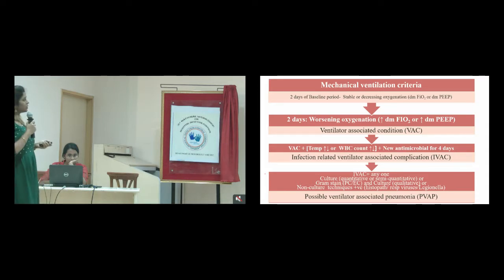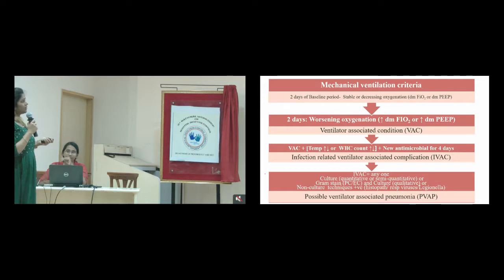Say suppose ventilator associated condition, infection related ventilator associated complication and PVAP are all fulfilled, we are going to report it as PVAP. So when we are talking about ventilator associated events, you need to diagnose, for surveillance, these three: VAC, IVAC and PVAP.